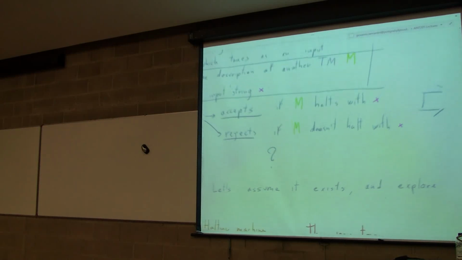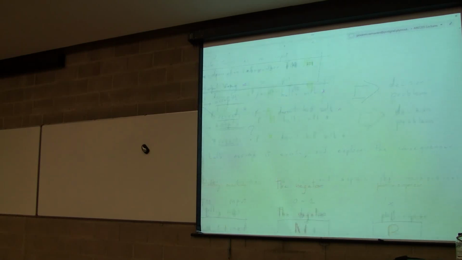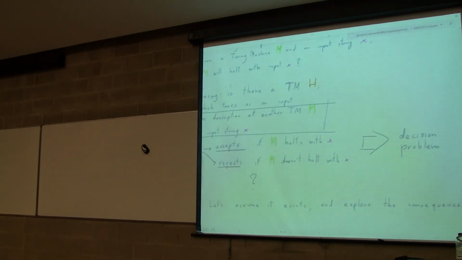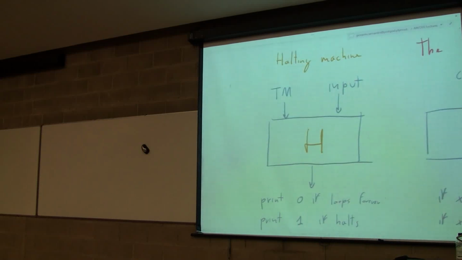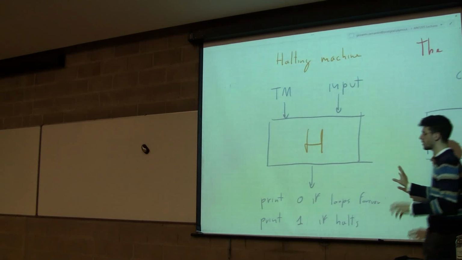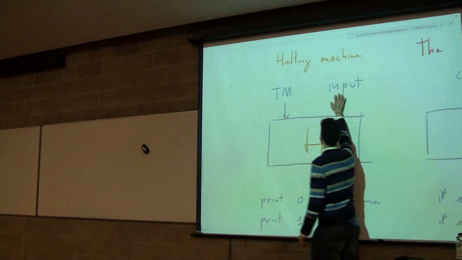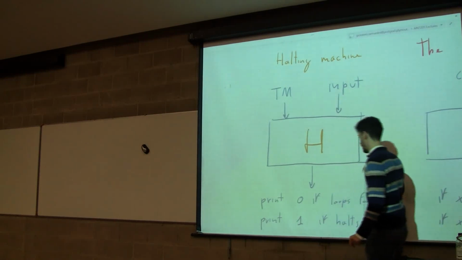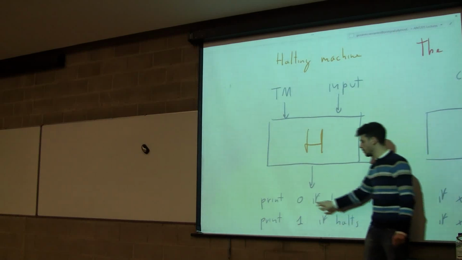Okay, let's assume I can build that and see what the consequences are. So let's say I can build H. This is more or less what H does. Have a Turing machine, you have an input, and you print 0 if it loops forever.